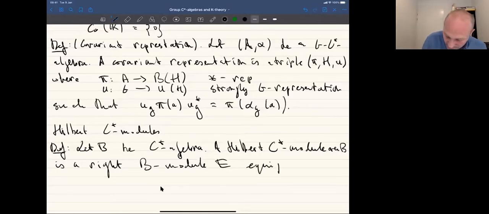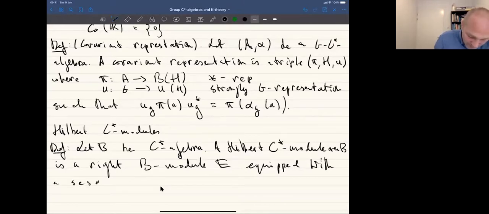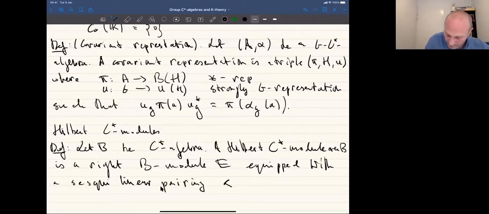And it should be equipped with a sesquilinear pairing, written with these brackets, and it goes from E times E to B.